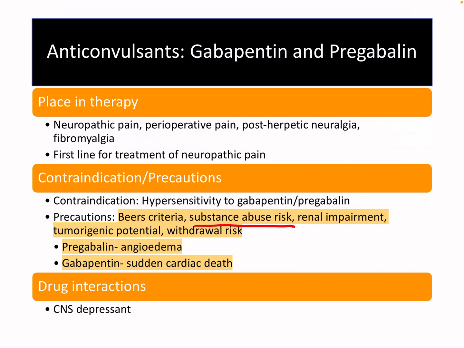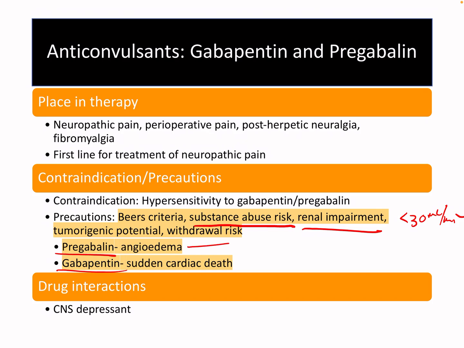These agents are both exclusively excreted renally, so for that reason, in patients with renal impairment, it is important to dose adjust and try to avoid therapy whenever patients have very low renal function, such as less than 30. Pregabalin is associated with angioedema, and gabapentin at certain doses has been associated with sudden cardiac death.